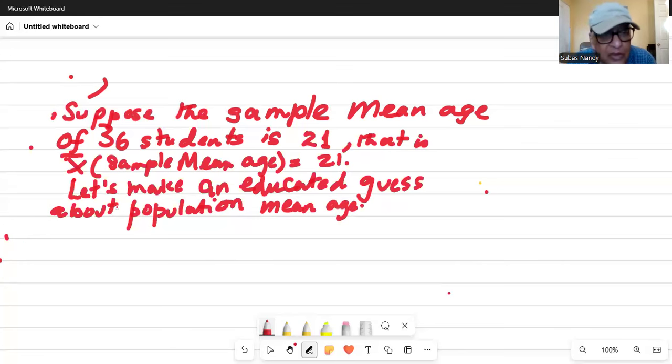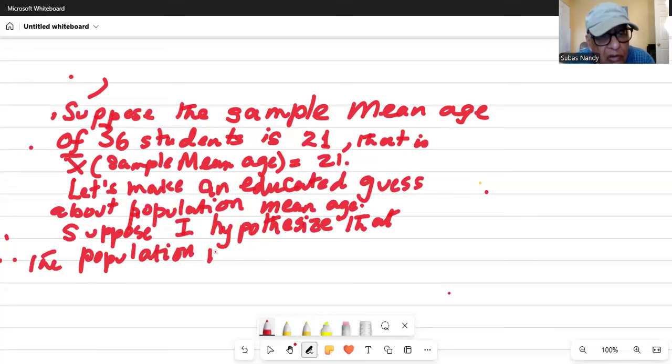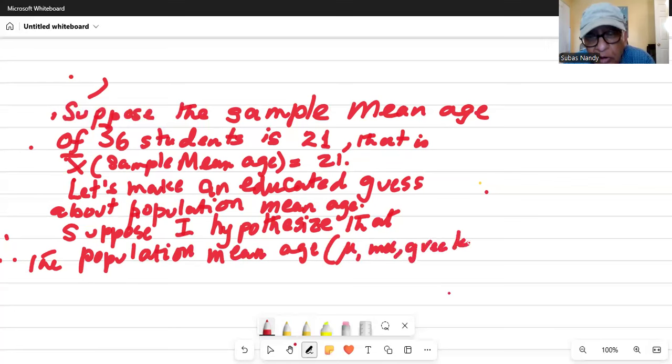Suppose I hypothesize that the population mean age, which is indicated by the symbol mu, that is Greek, small m.